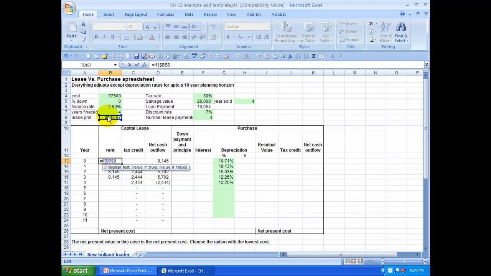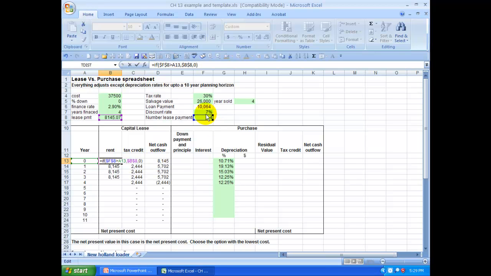In this case, we want to do if F8, right here, the number of lease payments, F4, is greater than the year that we are, A13, comma, then if it's bigger than that, we want to do the B8, the end, comma, else, put in a 0.